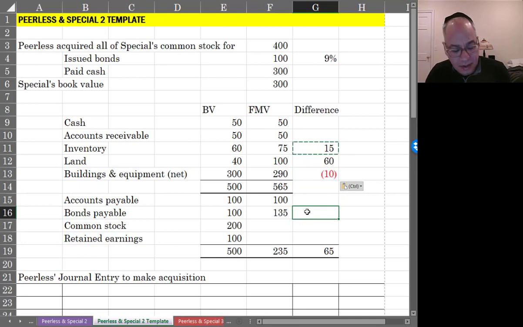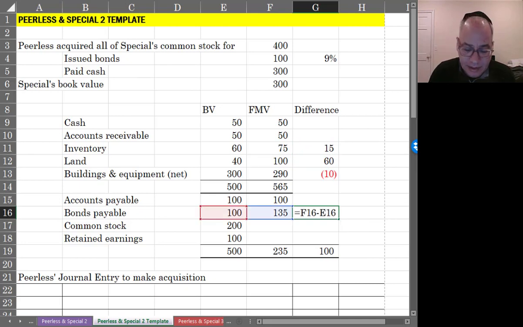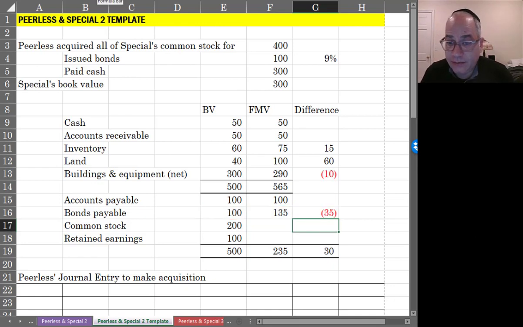Bonds payable needs to be written up by $35,000, which means really that you need to subtract $35,000 from the difference, because the liability would be $35,000 higher. Therefore, the difference between the book values would be $35,000 lower.